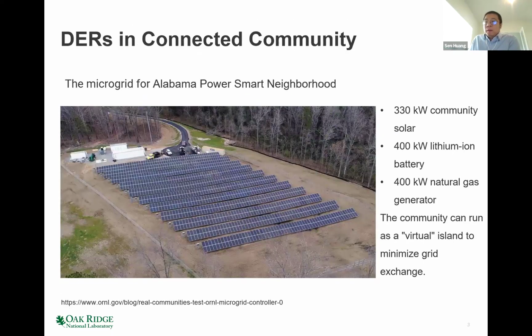In addition, the other feature is that this community shares one microgrid. The microgrid consists of large-scale solar panels, and also a battery as well as a natural gas generator. That means with this microgrid setting, under certain conditions, we are able to make the whole community temporarily operate in island mode.